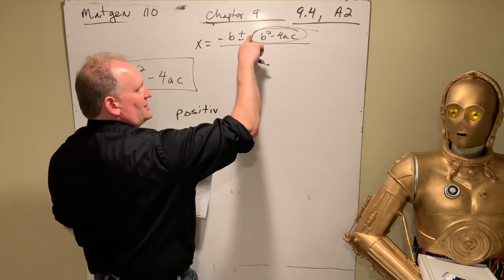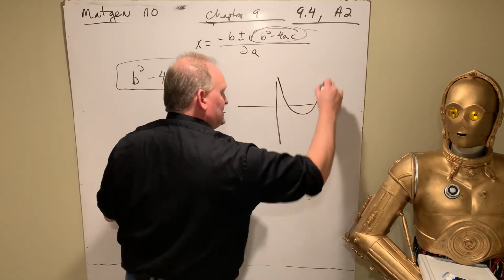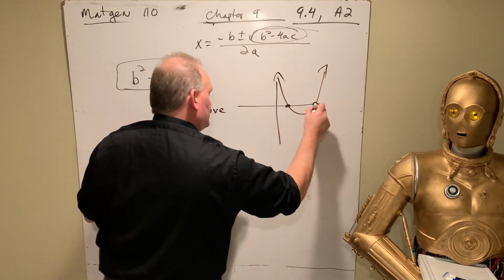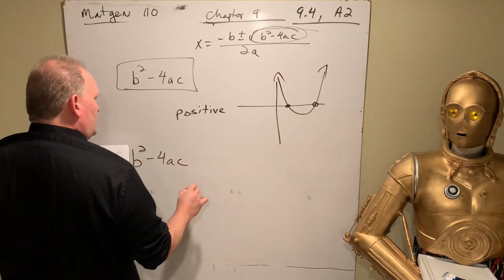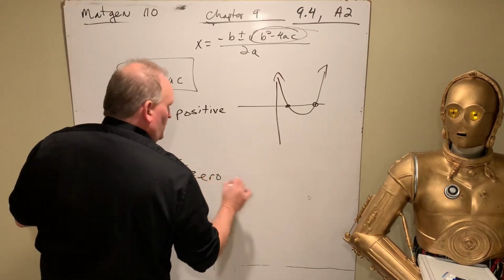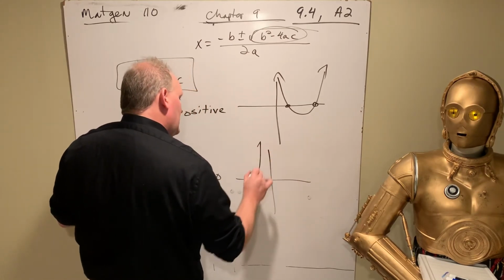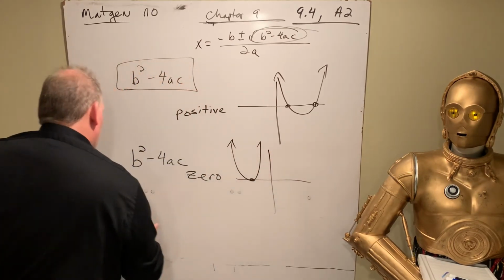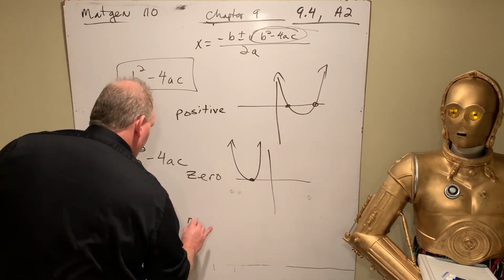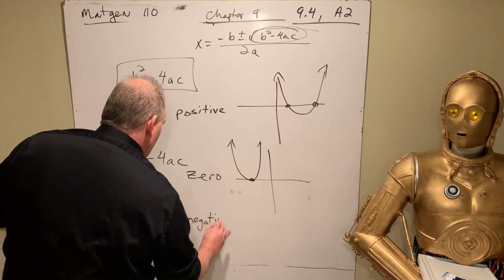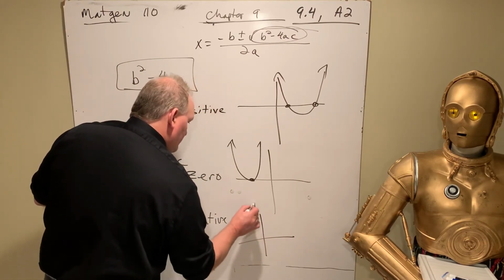So in a parabola, if the discriminant is positive, then think about it. If I look at that, that's the square root of a positive number. I'll have a parabola that hits the x-axis in 2 spots. If b squared minus 4ac, the discriminant, is 0, that's a special case. That means the vertex lands exactly on the x-axis. And if b squared minus 4ac is negative, well then I'm taking the square root of a negative number, which drives me into the complex number system.